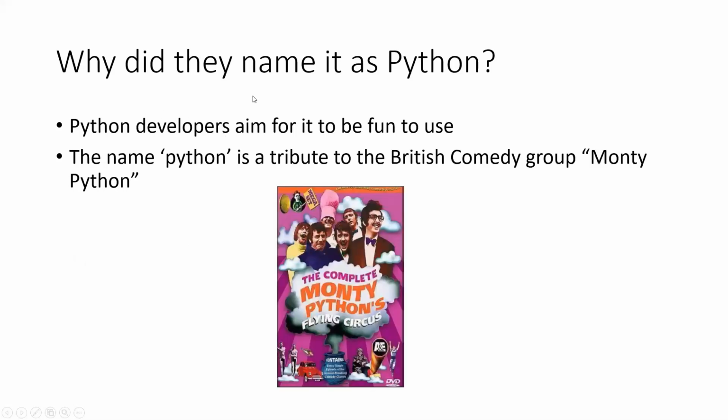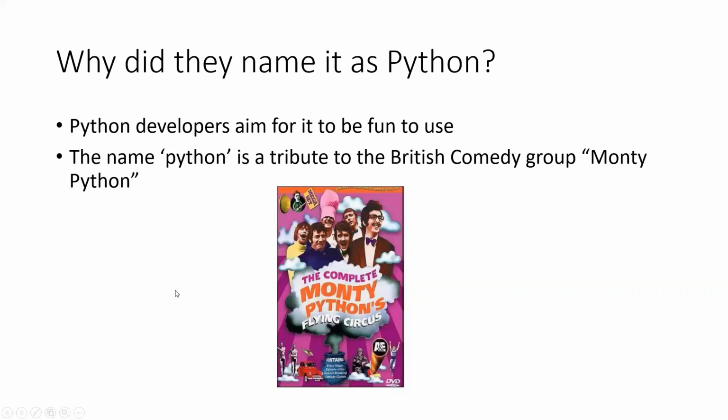Now, why did they come up with the name Python? The Python developers' main intention was that they wanted this programming language to be fun to use. So they came across the name Python from a British comedy group called Monty Python's Flying Circus.